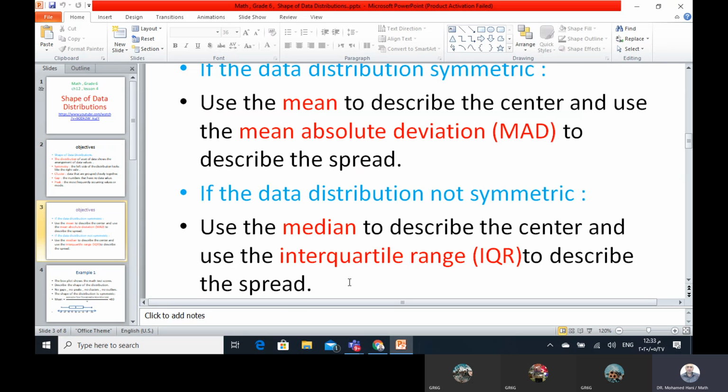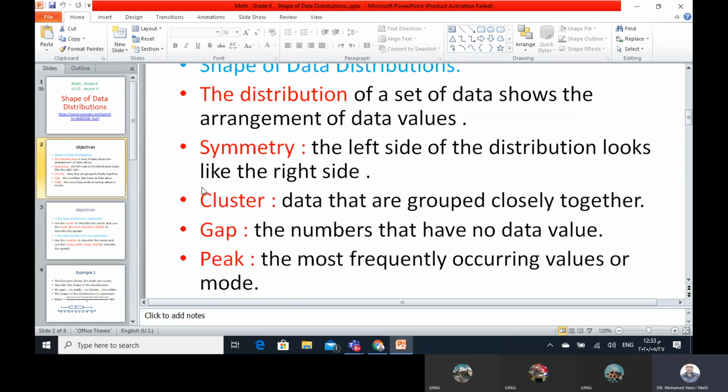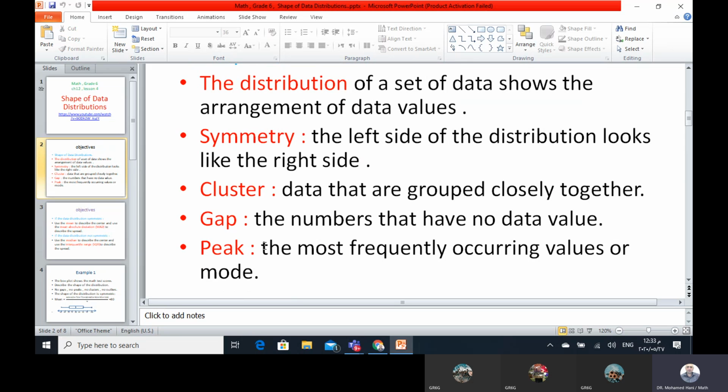In our lesson today, we want to learn what's the meaning of distribution, and how to know if the shape is symmetric or not, and how to know if I have cluster data or not, and what's the meaning of gap, and what's the meaning of the peak. And we have the outlier.